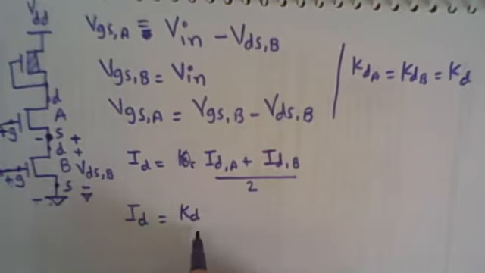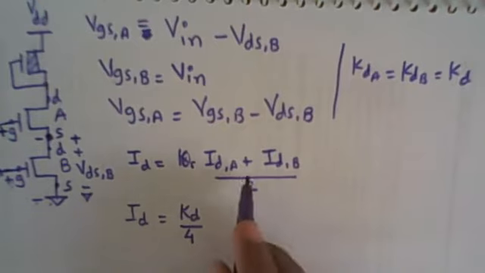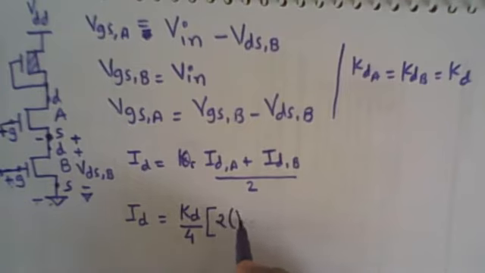So KD, K driver by 4, here into 2 times of Vg of A minus Vt.